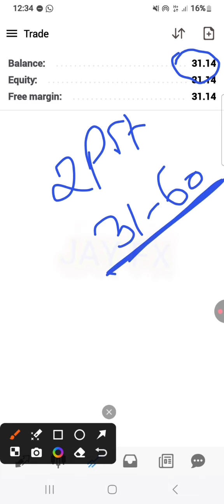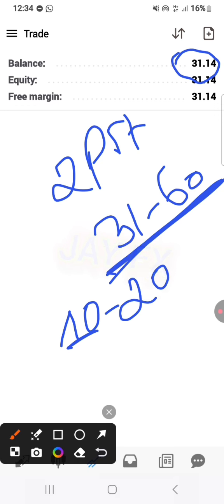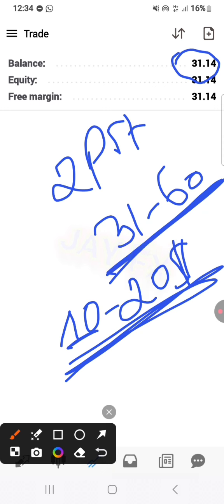We can take it to 60 together. So we're going to grow this account again together, so you may understand how you can grow your $10. I think this is the answer to you guys who asked me how to grow a small account as much as $10 or $20.